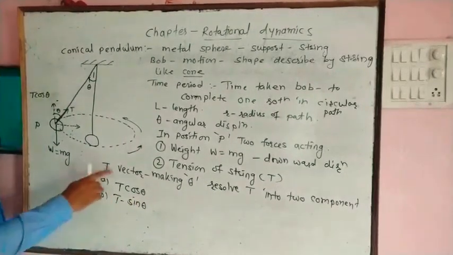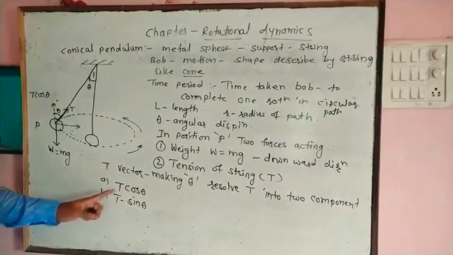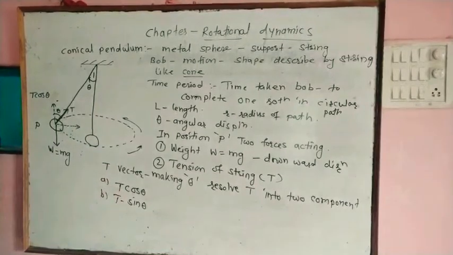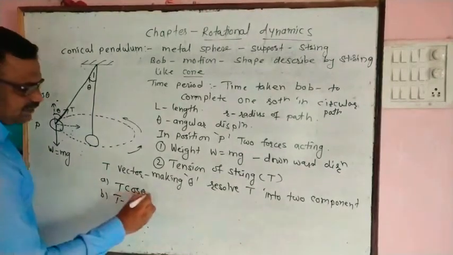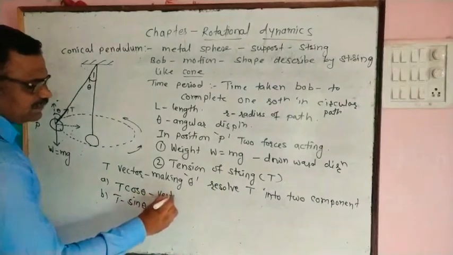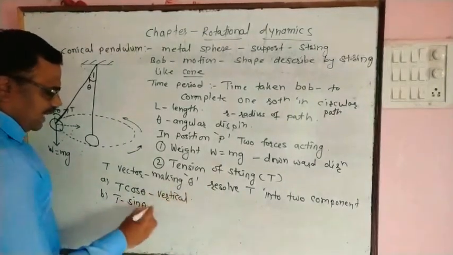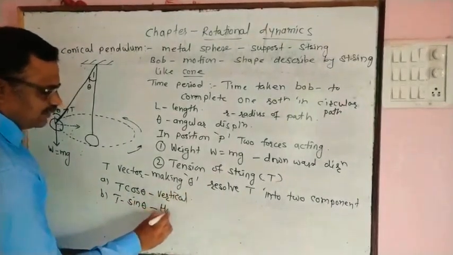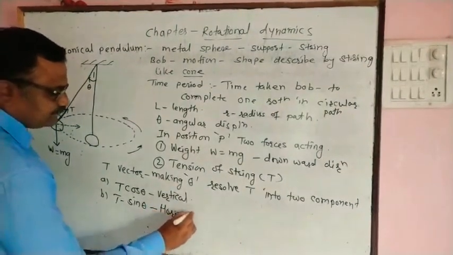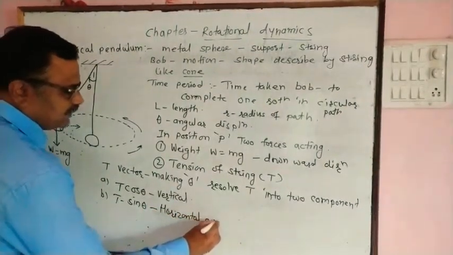T cos theta is the vertical component of tension, and T sin theta is the horizontal component of tension.